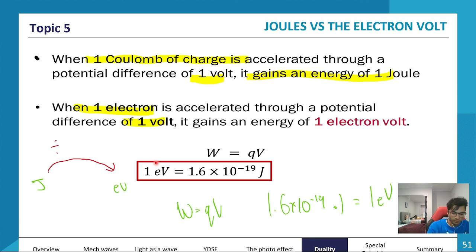To go the other way around, you multiply by 1.6 times 10 to the negative 19. Hopefully that's right. With this topic of photoelectric effect, your units can be given in either joules or electron volts, and your job is to convert between the two, depending on which is more feasible.